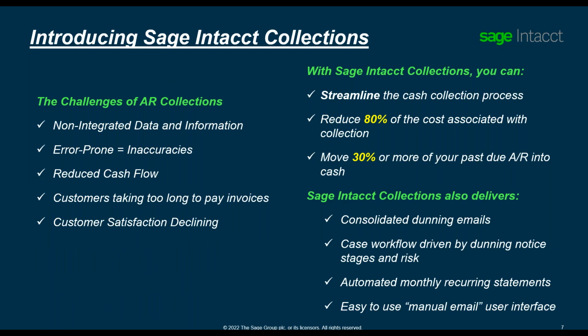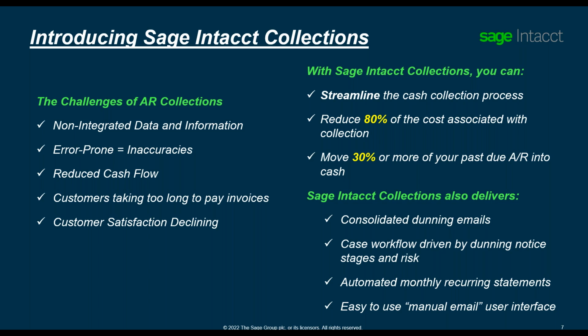The challenges we hear from customers, you're all probably very familiar with. No centralized data, manual error from lack of automation, extended DSO reduces cash flow and impacts your customer experience. The collections module can help you improve the process and the results that you see through comprehensive automation.